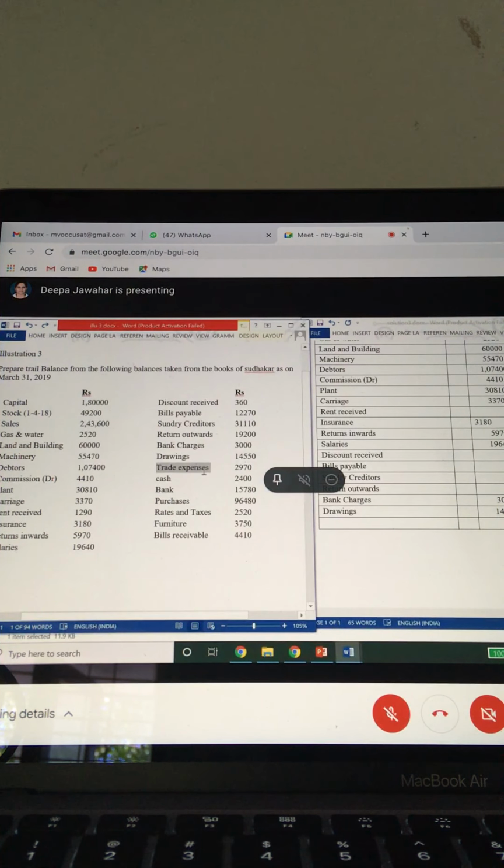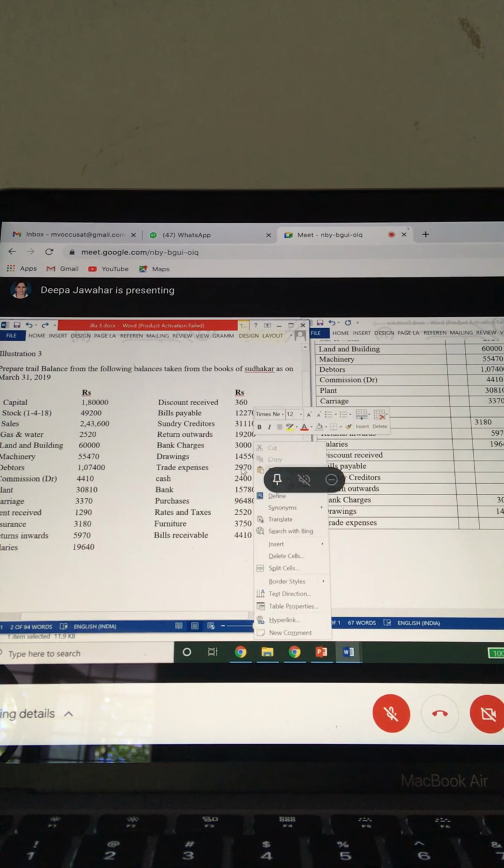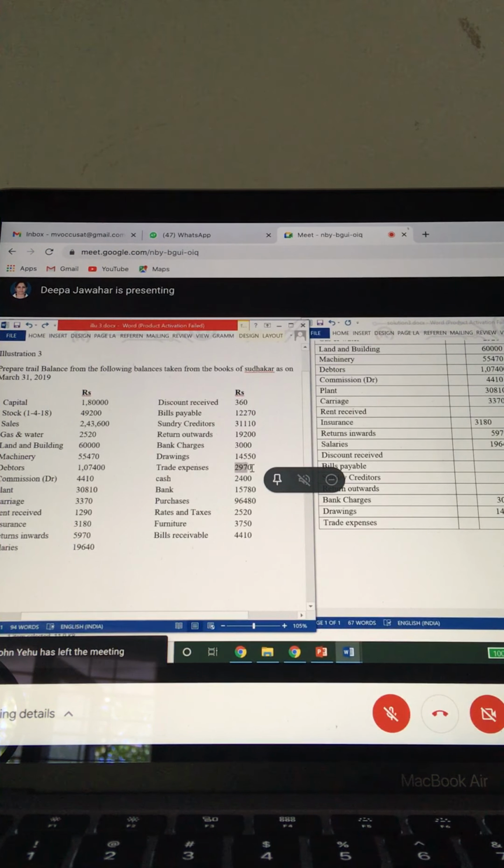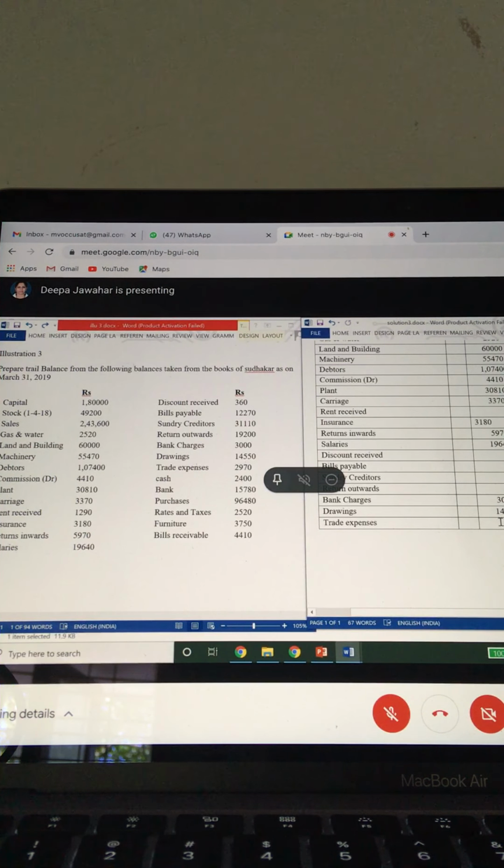Trade expenses. Debit. Expense. So it is a debit.